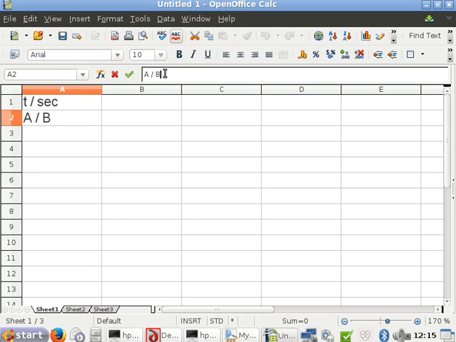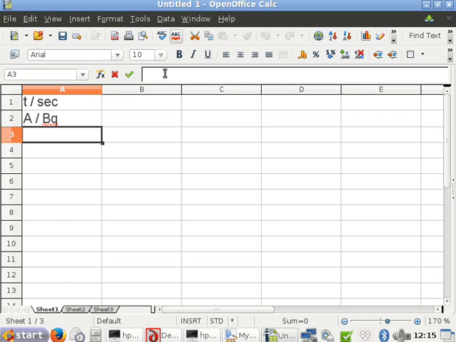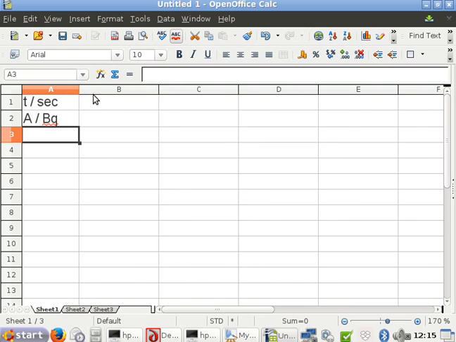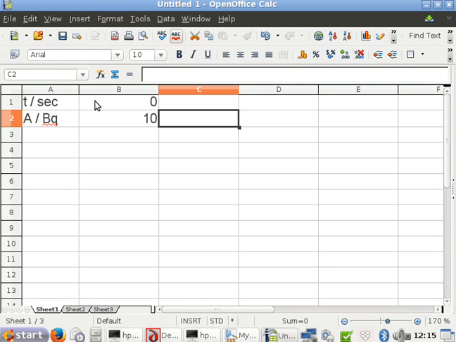Okay, so let's say here at the beginning there are 10 destructions per second. And then 10 seconds later there's 5. And then 20 seconds later there are 2.5 destructions per second.